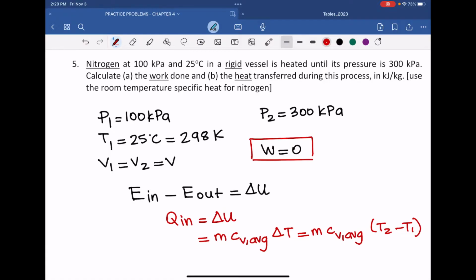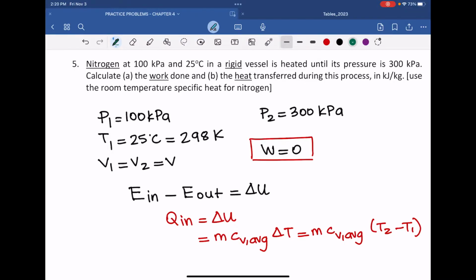Now let's take a look at it. We know T1, but we don't know T2. And the problem hints at us, saying use the room temperature for specific heat. So it actually guides us to this approach, right? They are telling us to use the specific heat for nitrogen.